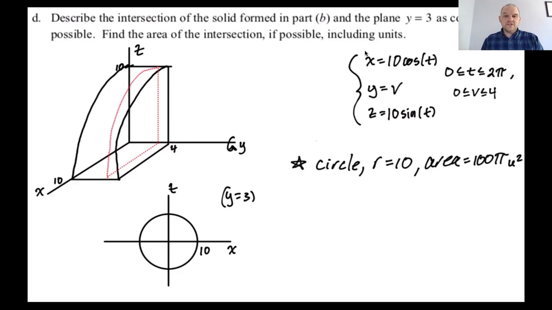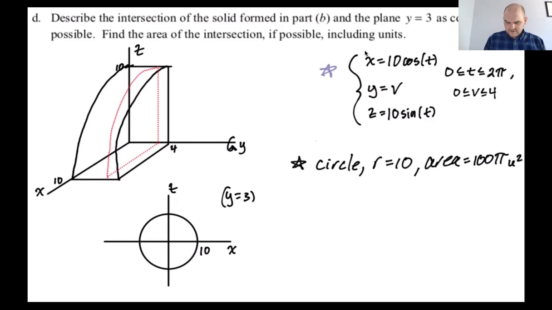Now, can we write an equation for this? We definitely can, right? So we know that y is equal to 3. We know that it's a circle in an xz plane that has a radius of 10. So I can go 10 cosine, 10 sine. But look at the parametrics that we've already written for the surface. If I just let y equal 3, what do I get?